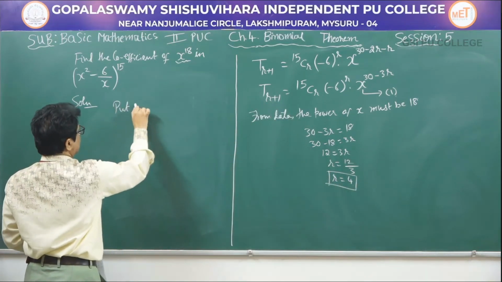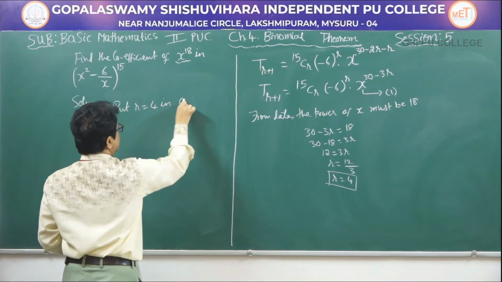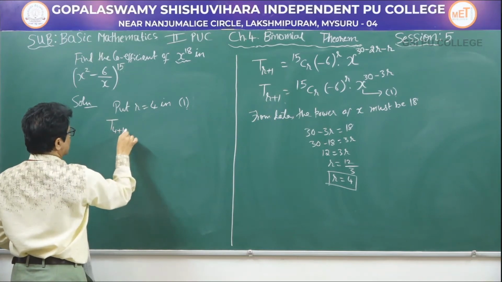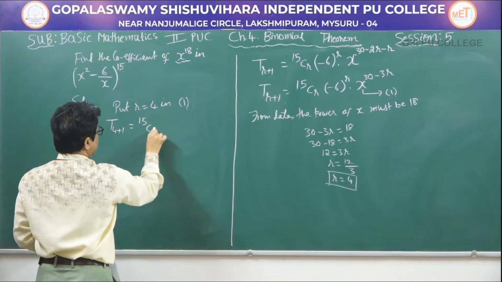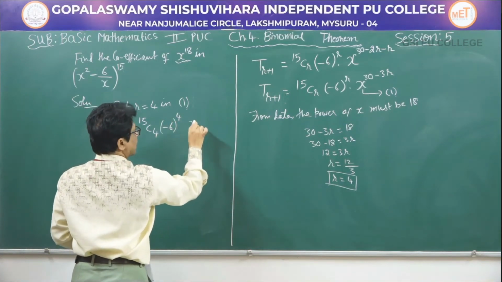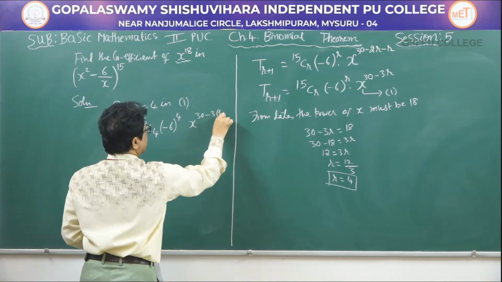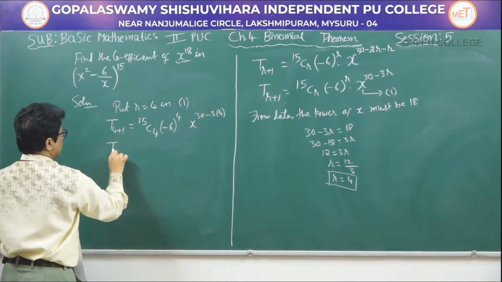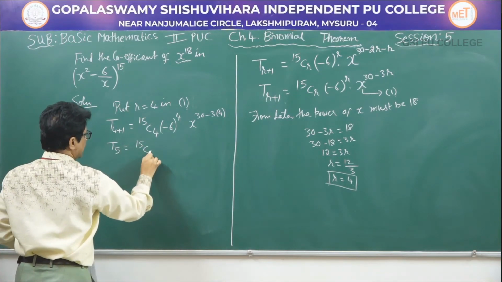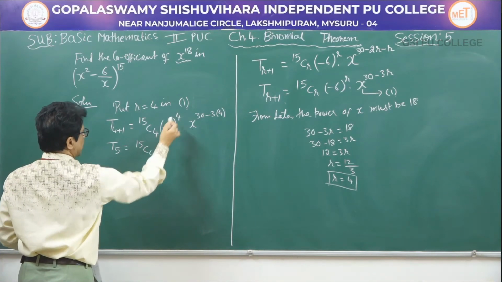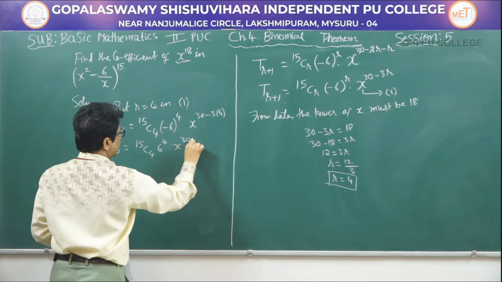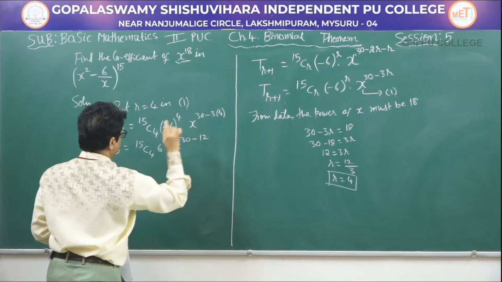Put r is equal to 4 in 1. Therefore equation 1 becomes T(4+1) is equal to 15C4 into (-6)^4 into x^(30-3 into 4). So T5 is equal to 15C4, minus is multiplied 4 times, we get plus, so 6^4 into x^(30-12), 3 4s are 12.